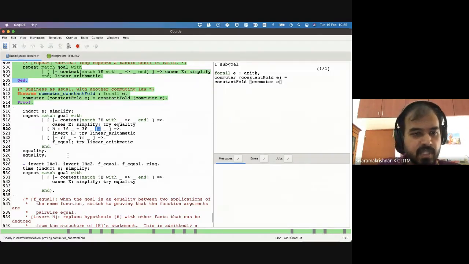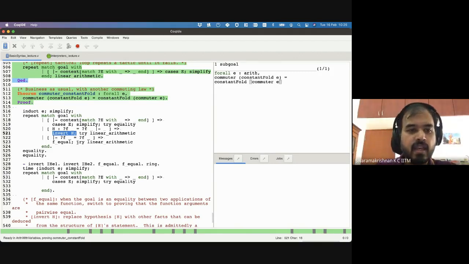If I have an assumption where I have f of underscore equals f of underscore, I'm just not naming these things because I don't need to. Then do invert on h to learn the fact from that particular hypothesis. In particular, it just drops the f and gives you that fact.